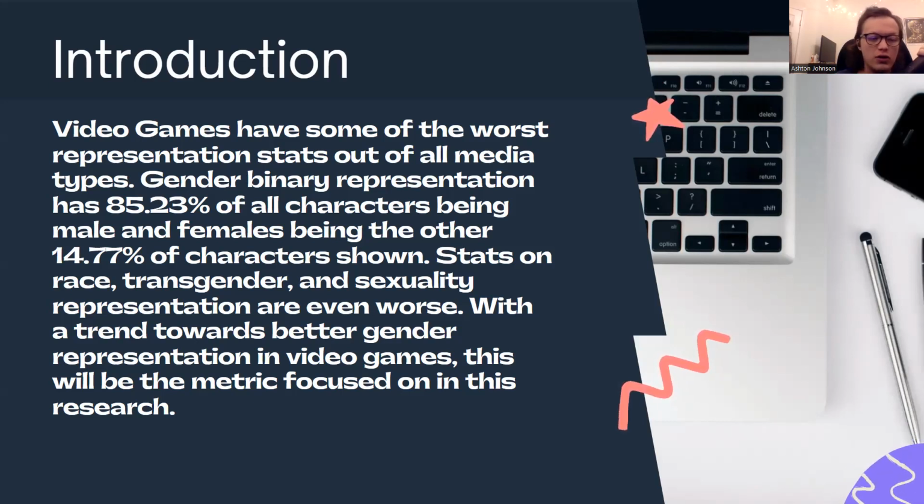Race is the only other comparable one, I would say, comparable in progress in current video games. Transgender and sexual representation have a long way to go.